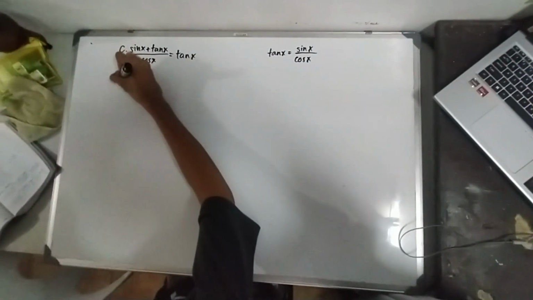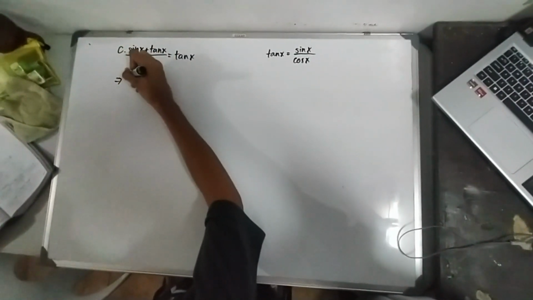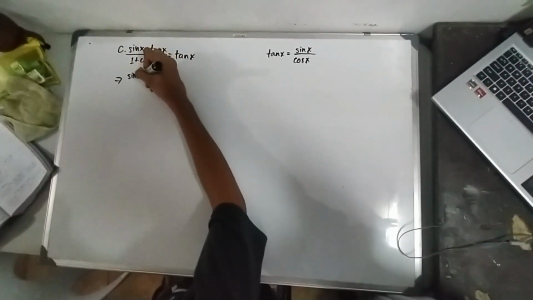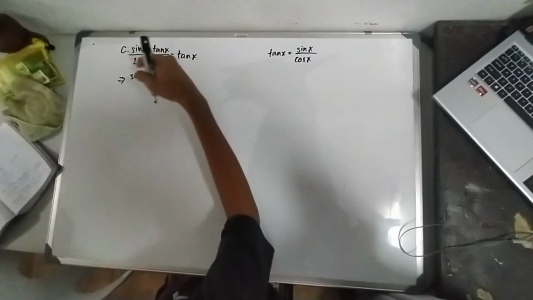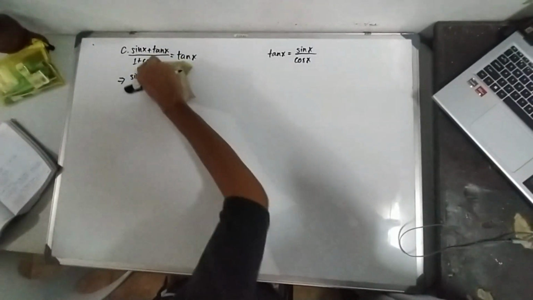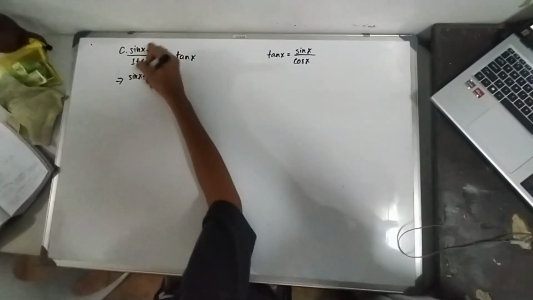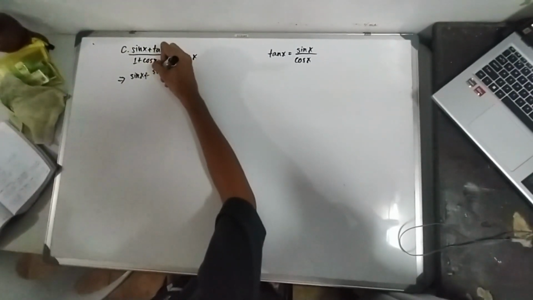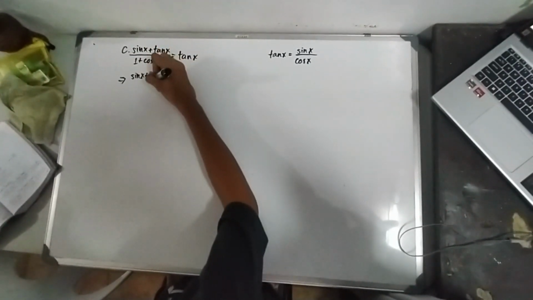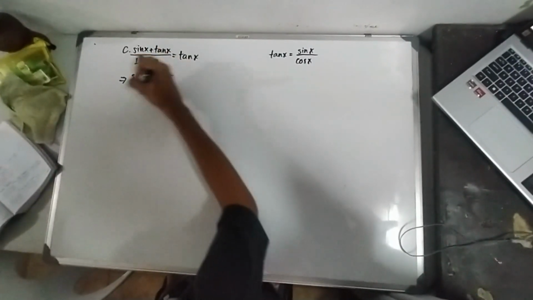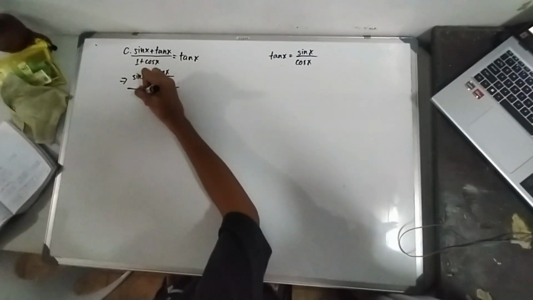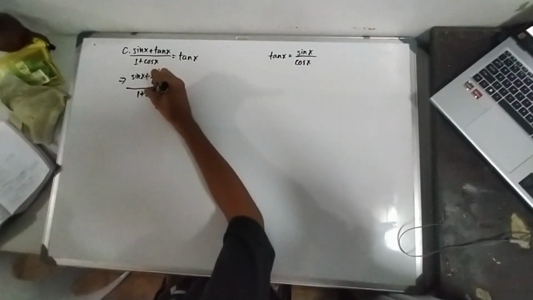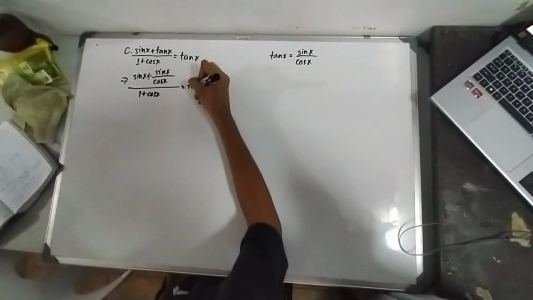So this expression will now become sine x over cos x, plus, all over 1 plus cos x, is equal to tan x.